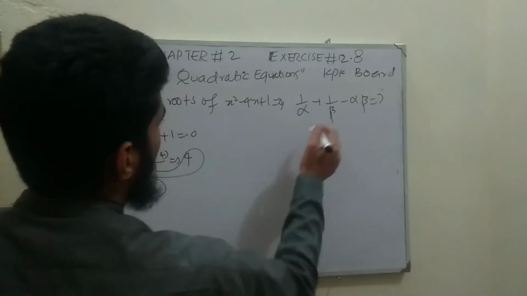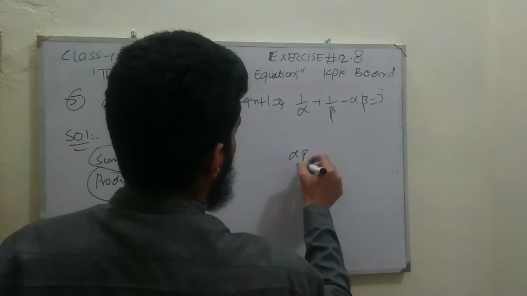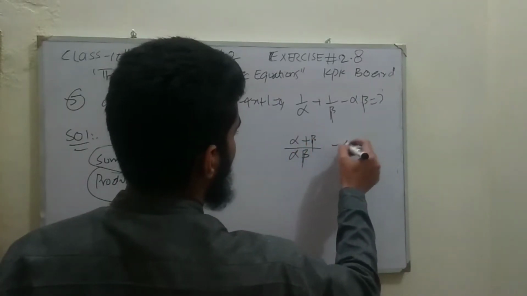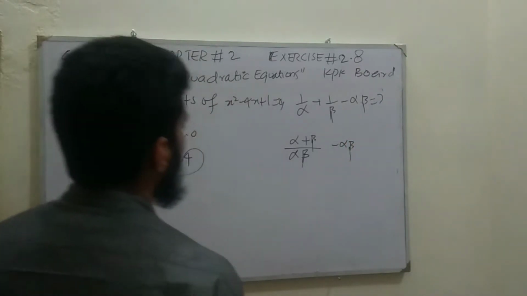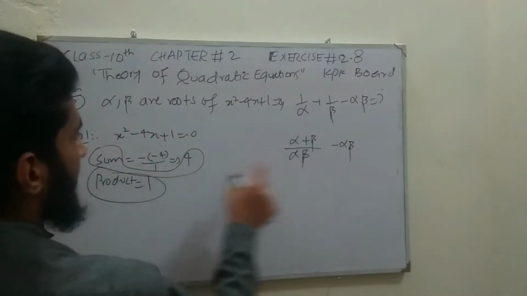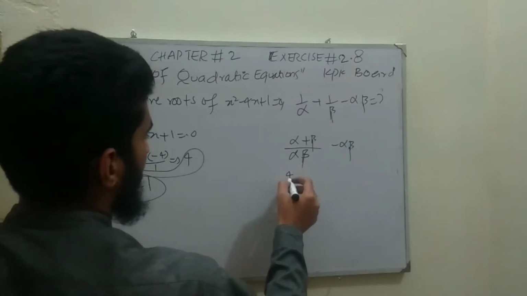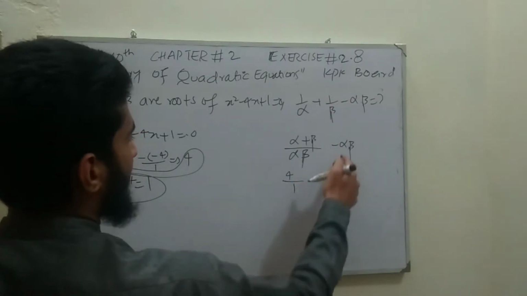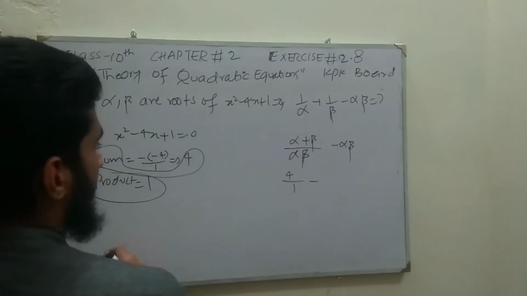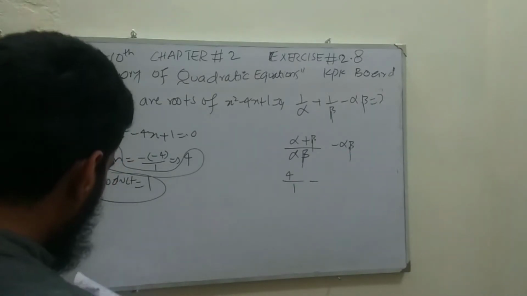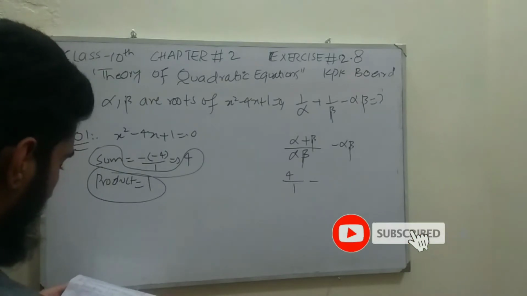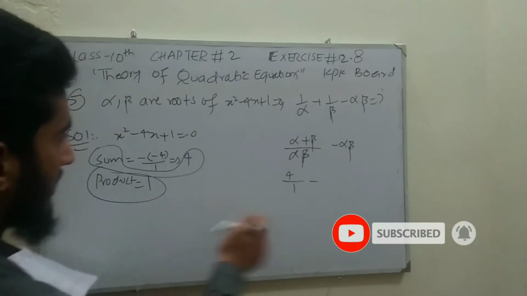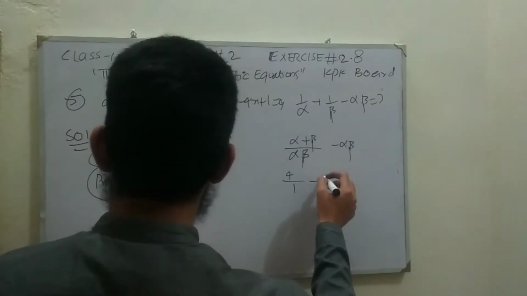Taking LCM of 1 over alpha plus 1 over beta, it becomes alpha beta in the denominator, and in the numerator we are left with alpha plus beta, and here minus alpha beta comes down the same. Alpha plus beta is the sum of the roots, which is 4, divided by alpha beta, the product, which is equal to 1. Minus alpha beta, the product, which is equal to 1.